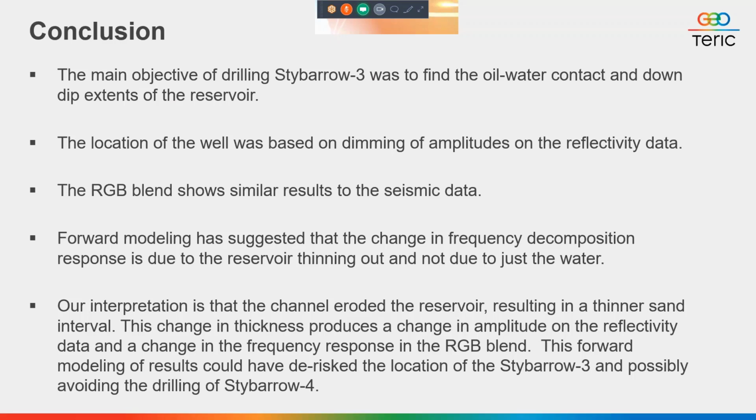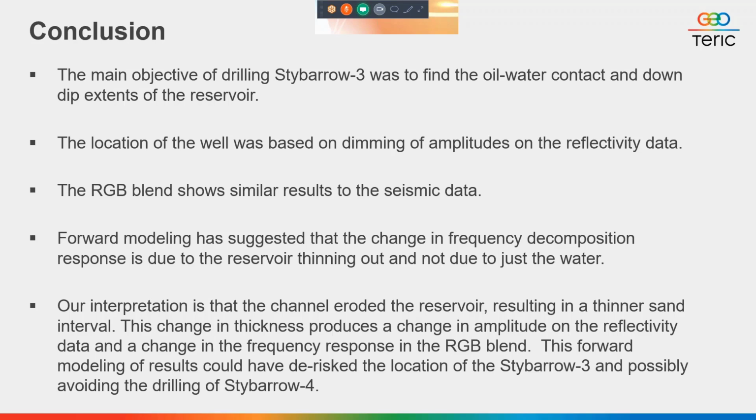So the conclusion from changing these rock properties and looking at the blends and the frequency decomposition is that, for the number 3 well, the main objective was to find the oil-water contact and confirm the down-dip extent of the reservoir.